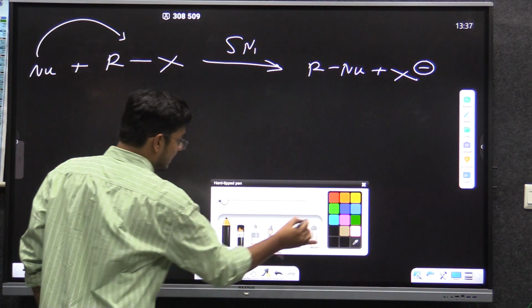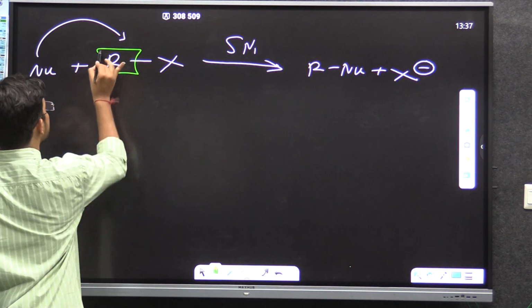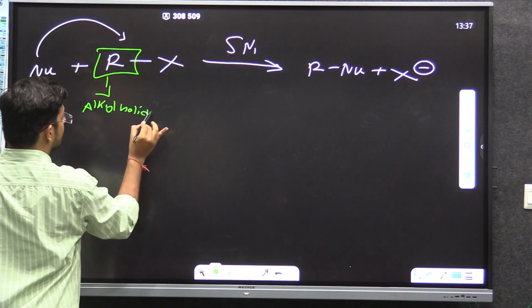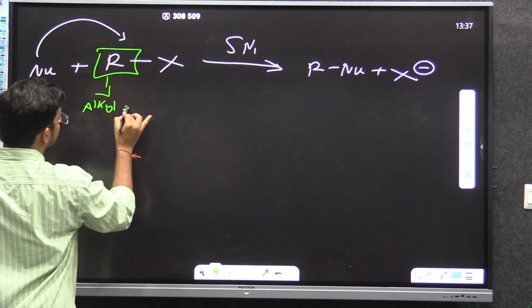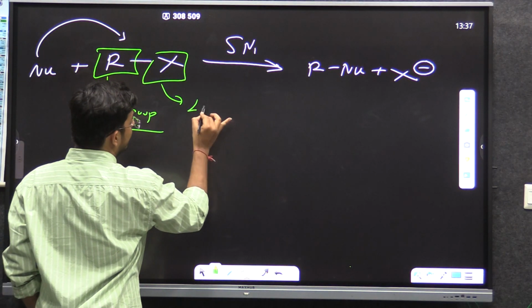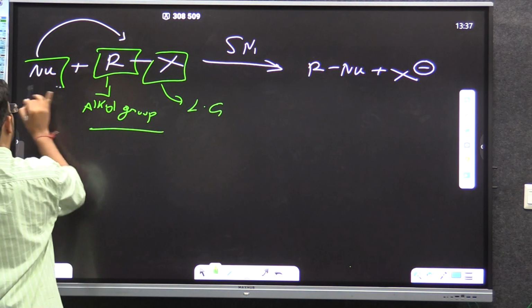Here this is the alkyl group, this is the halogen group or leaving group, and this is our incoming nucleophile.